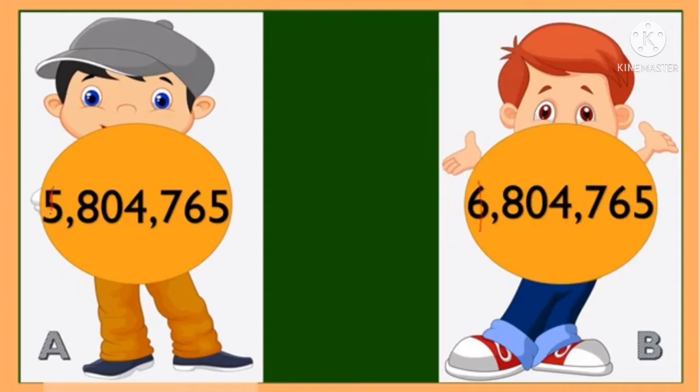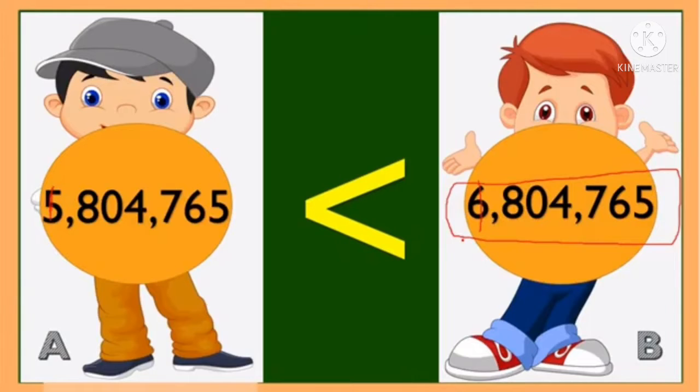They're not the same. So therefore, we will identify which of them is greater than the other one. 5 or 6, which is greater? 6, correct? So, the number with the digit 6 will be the greater number as a whole. So, B is greater, so we will use less than.